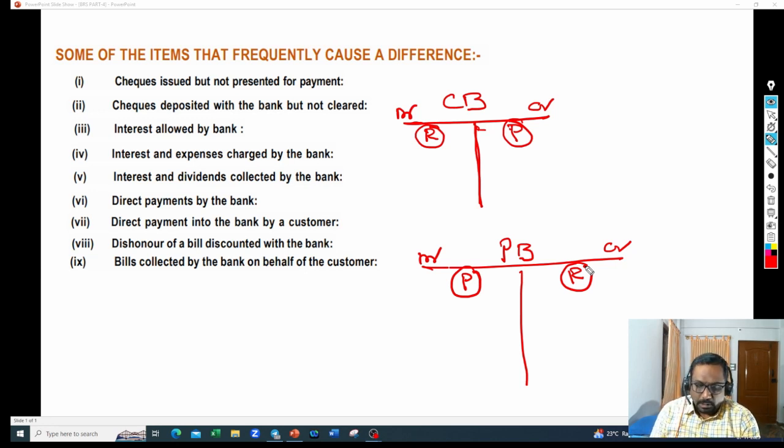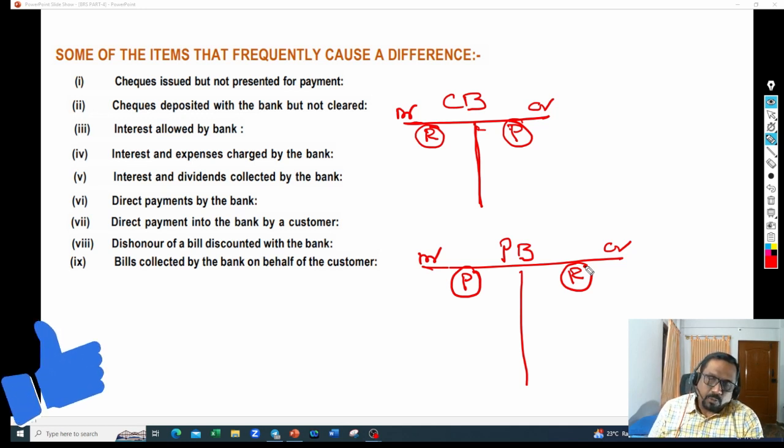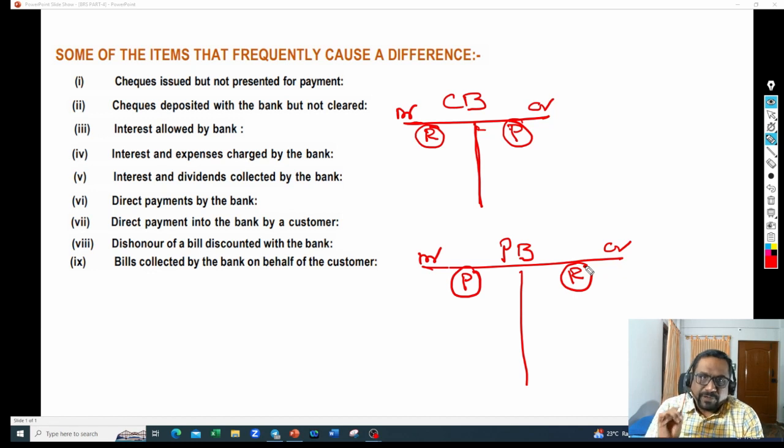Now, this is cash book, this is passbook. Let us make an assumption: we have 10,000 rupees balance in cash book and 10,000 balance in passbook also. If the cash book has a 10,000 balance, it will show on the debit side because it is our balance. It is an asset, so it will show on the debit side of the cash book.